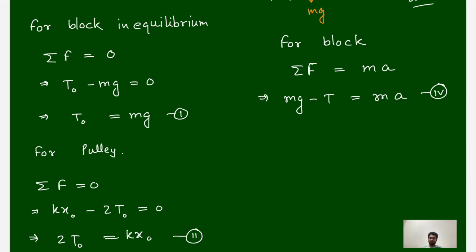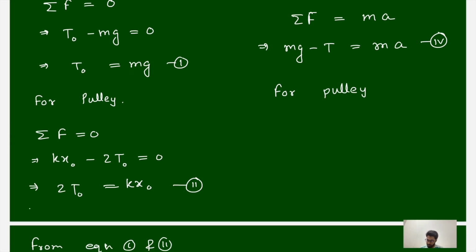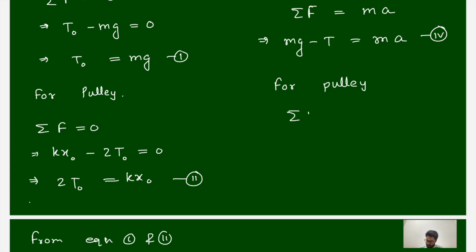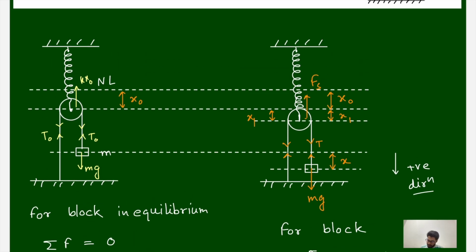Now further, for the pulley, this pulley will always be in equilibrium, so the net force on the pulley is equal to 0. See here, for the pulley, in the upward direction Fs, in the downward direction T two times.